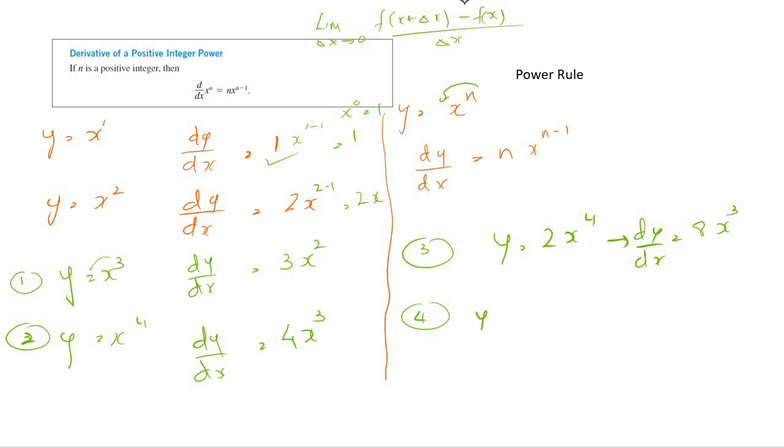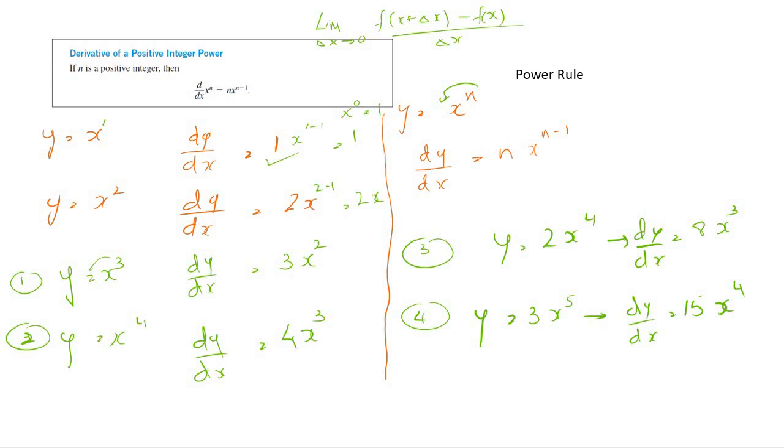For y equals 3x to the power 5, dy over dx is equal to 15x to the power 4, because it's 5 times 3, 15, and you subtract 1 from the power. So remember, when you take the derivative, the power of x goes down by 1, while you take that power and multiply it by the coefficient of the function.